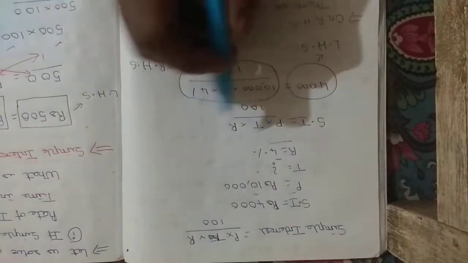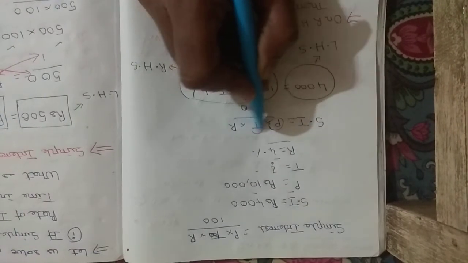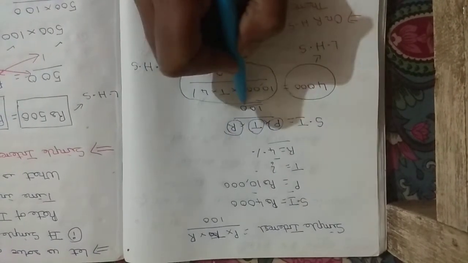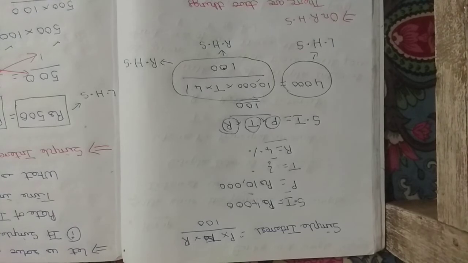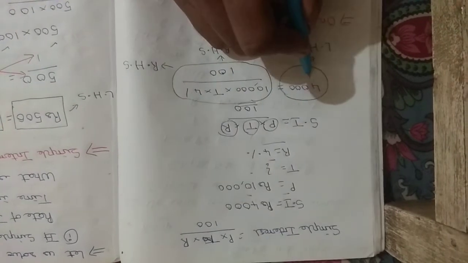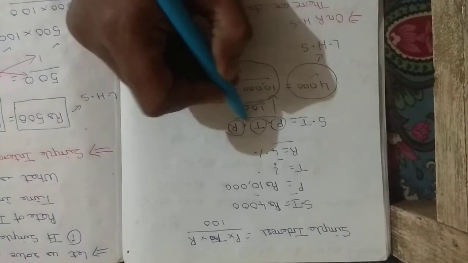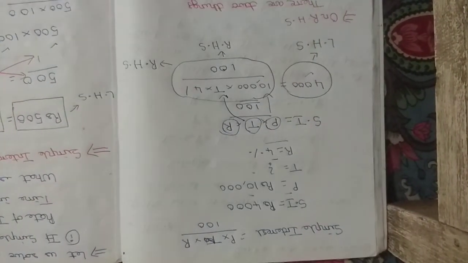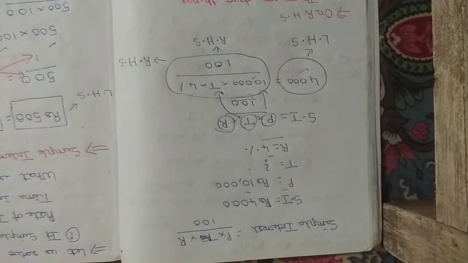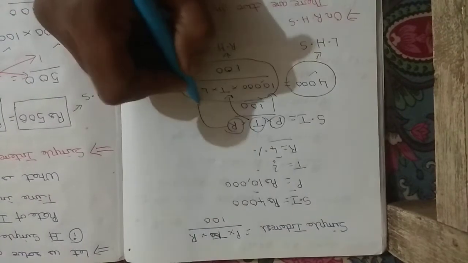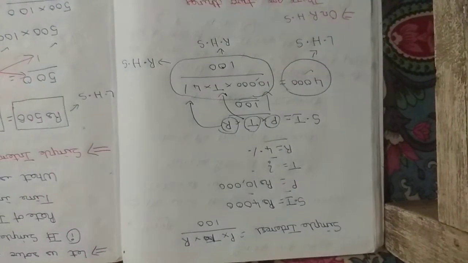Simple interest का formula is just P into T into R upon 100. Now simple interest is 4,000. They gave us principal amount as 10,000. Time is something that we are finding, so I will write time as time. I'm not changing that. And rate is 4% upon 100.